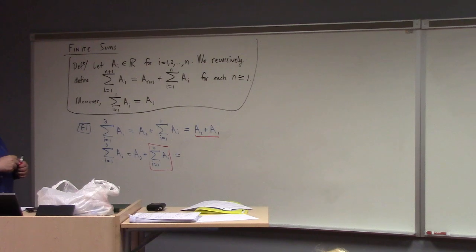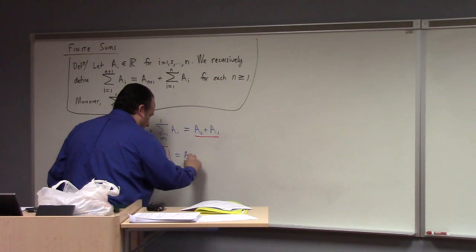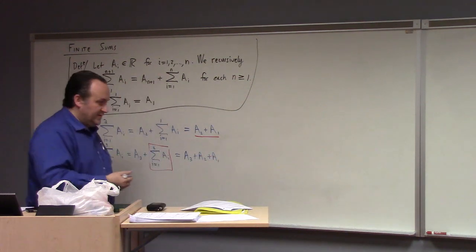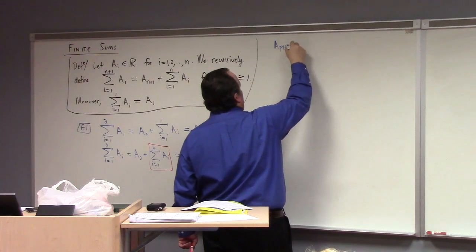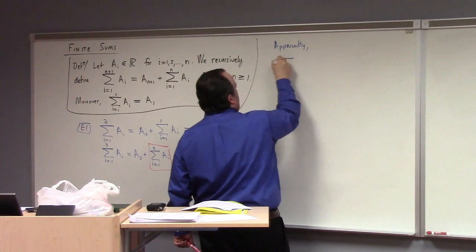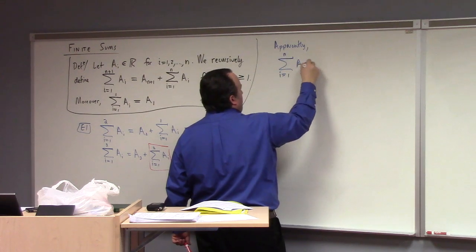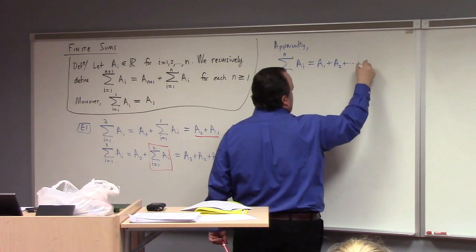A sub 2 plus a sub 1. So this gives us a sub 3 plus a sub 2 plus a sub 1. And so you can see the sum i equals 1 to n of a sub i is equal to a sub 1 plus a sub 2 plus ... plus a sub n.